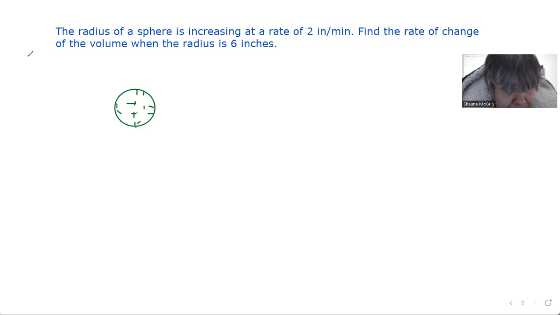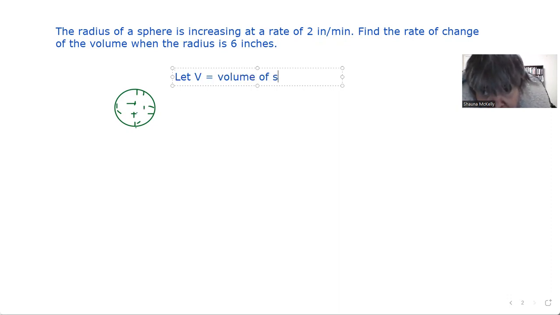Now, the first thing I'm gonna do is define everything, and you'll see why I need to define this in a minute. Let V equal the volume of the sphere. And I like to put units in, this is gonna be cubic inches, okay?